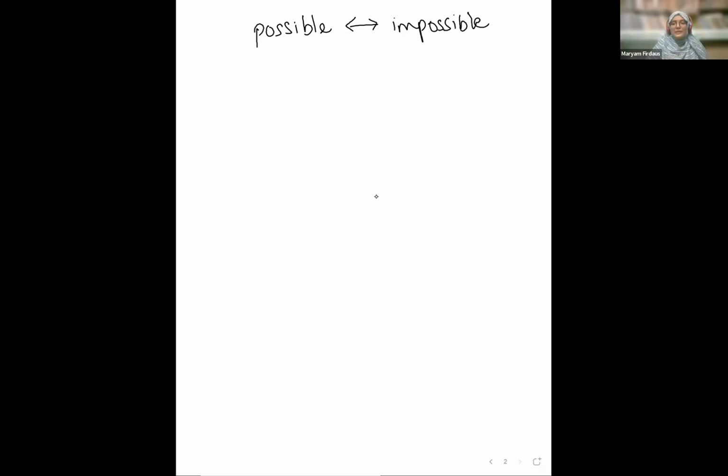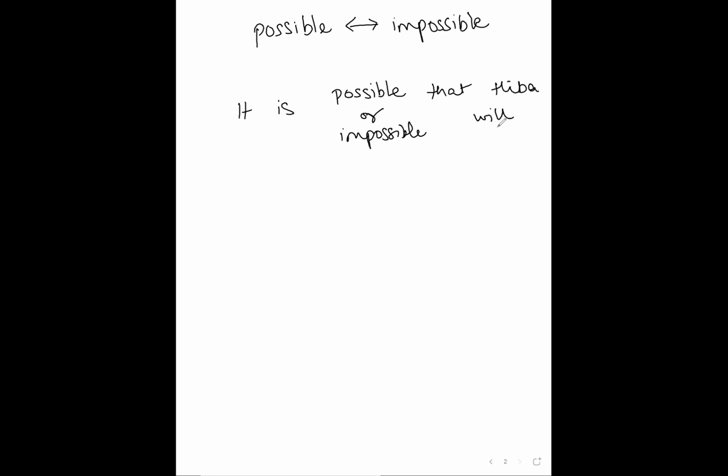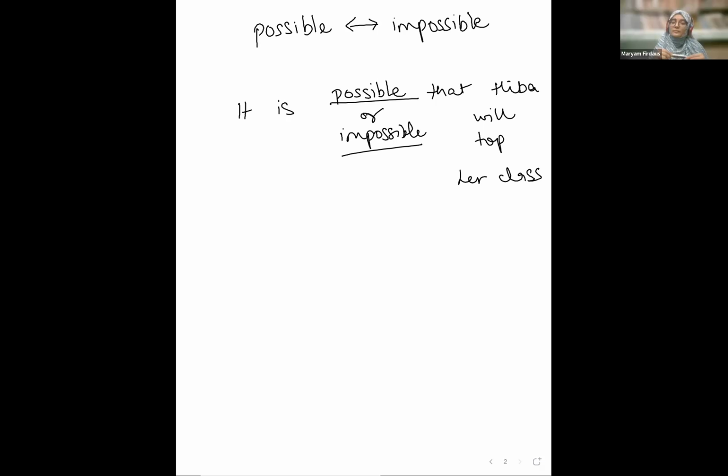For example, Hiba, first tell me this: is it possible or impossible that Hiba will top her class? We are not really sure who will.